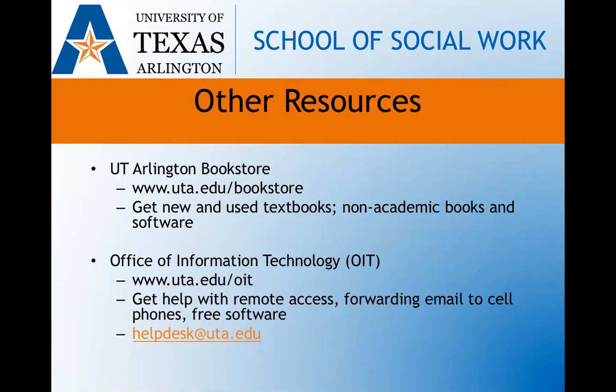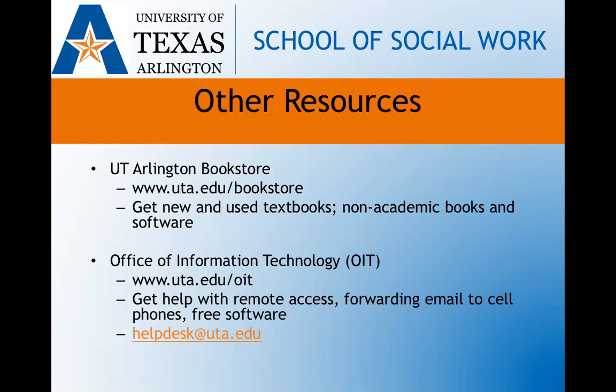Other resources include the UTA bookstore, as well as the Office of Information Technology. This is where you can get information about how to get your email forwarded to your cell phone. I would really encourage you to do that if you haven't already. It's really important that you are able to check your email regularly, and one of the best ways to do that is by downloading it to your phone.